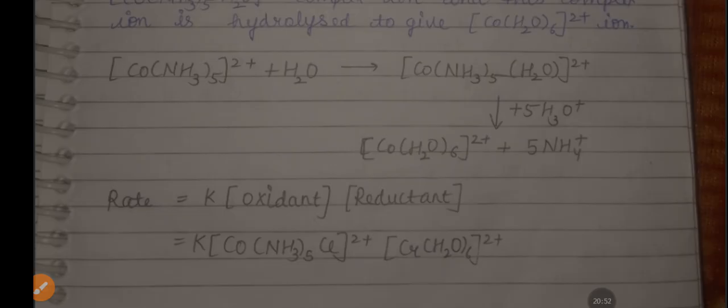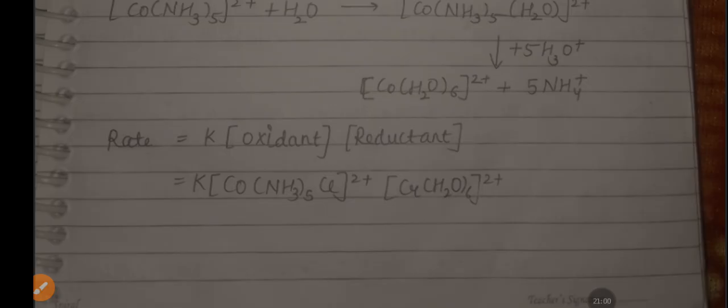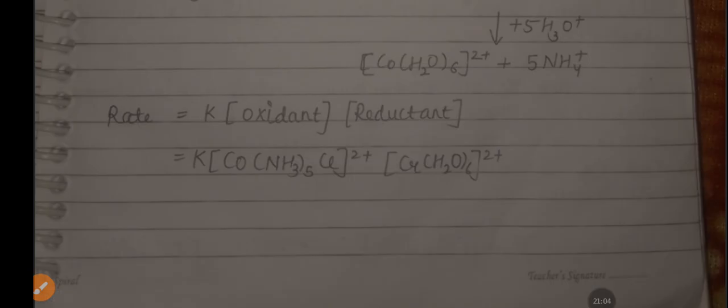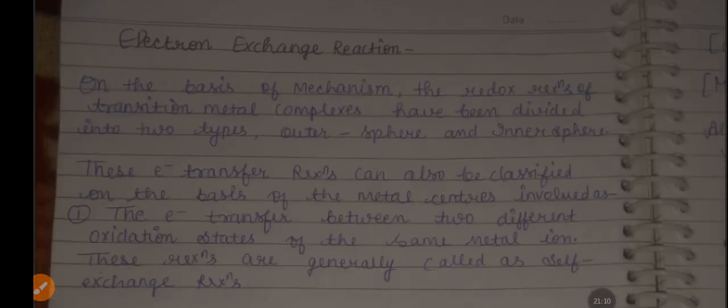When 5 hydronium H3O+ is added, then [Co(H2O)6]2+ plus 5 NH4+ is formed. Rate is equal to k into oxidant into reductant, which is k into [Co(NH3)5Cl]2+ into [Cr(H2O)6]2+. Electron exchange reaction.